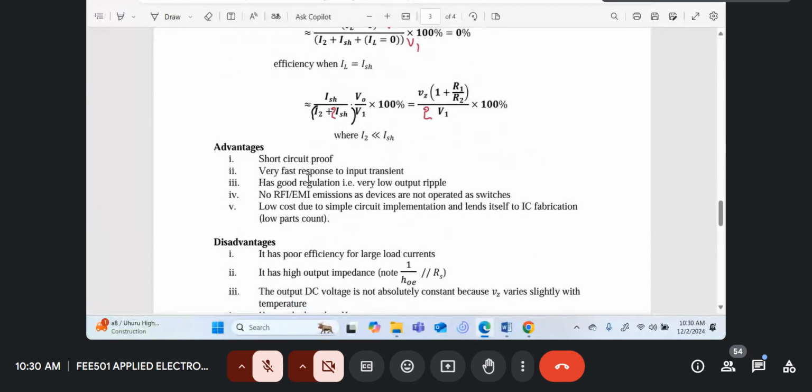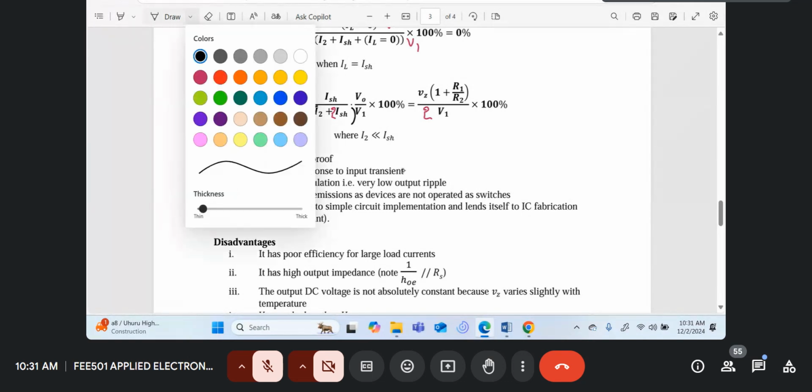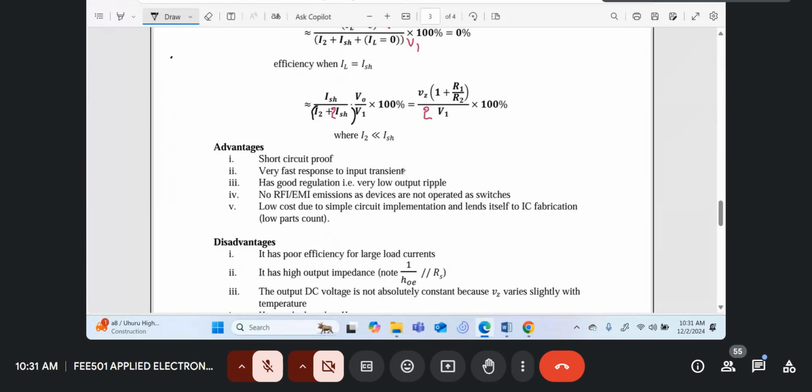Then it's got a very fast response to input transients. Okay, so that means, just to draw it over here again, supposing you've got your R, and then you've got your op amp over here, you've got your R1, you've got your R2.